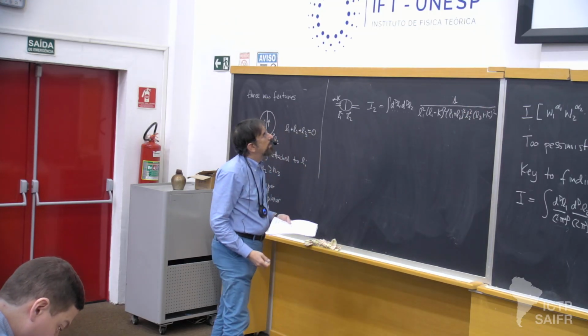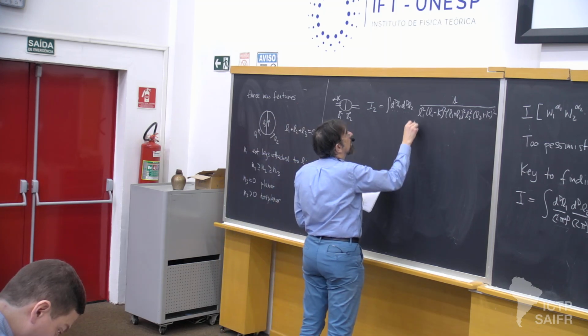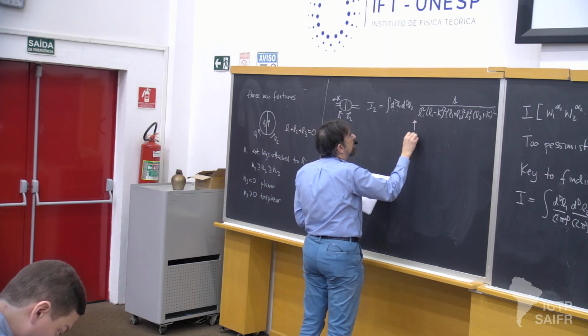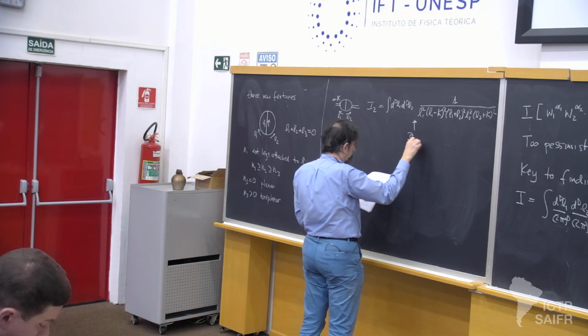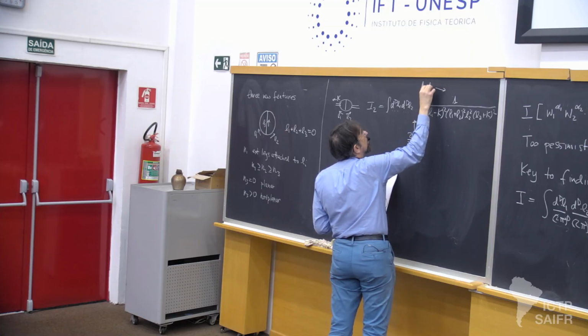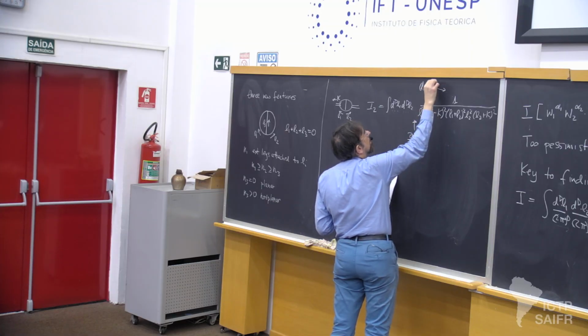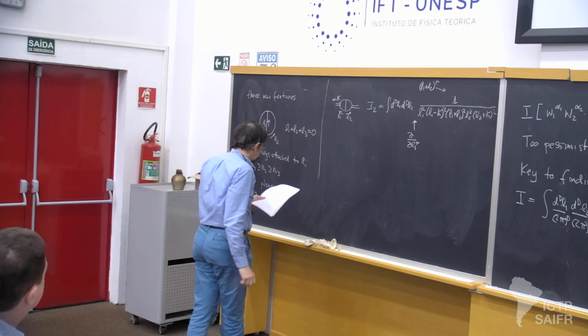So we're going to consider the related identity where we just stick in d by dL1 here. And here we're going to stick in (L1 plus L2) mu. So we have a scalar.